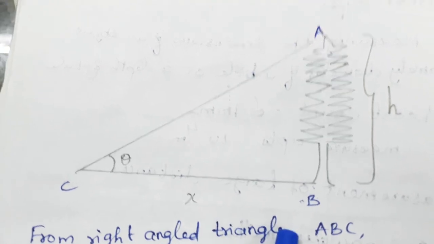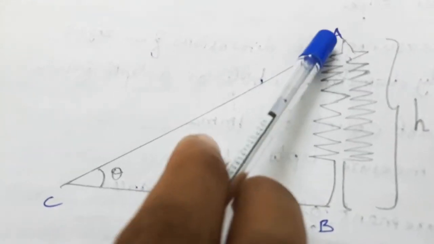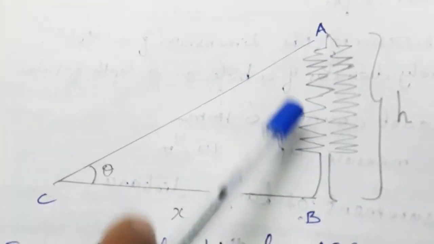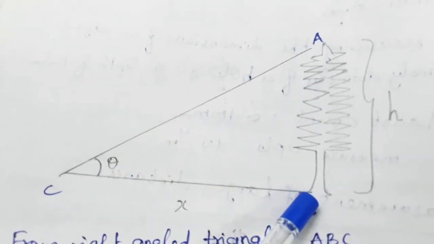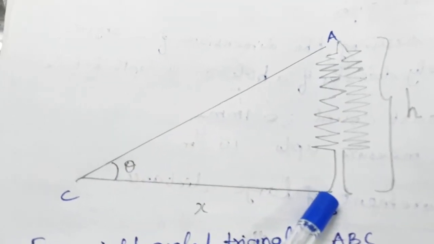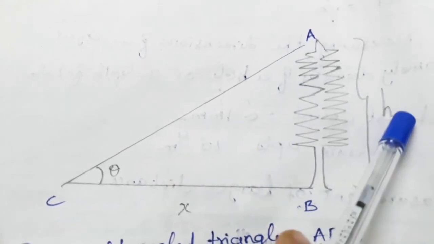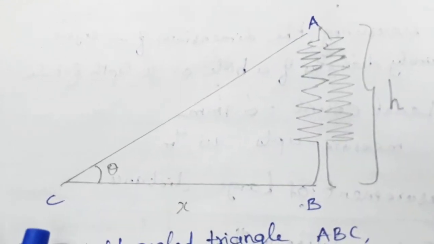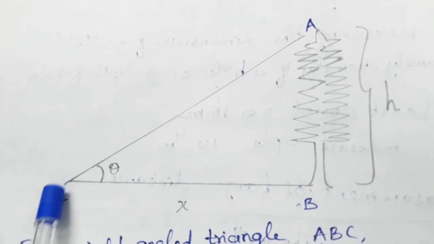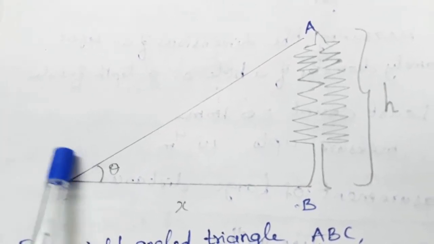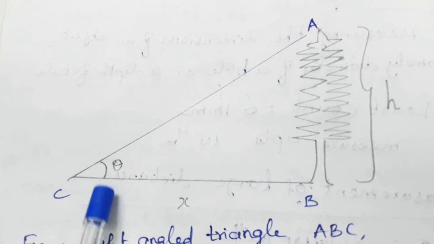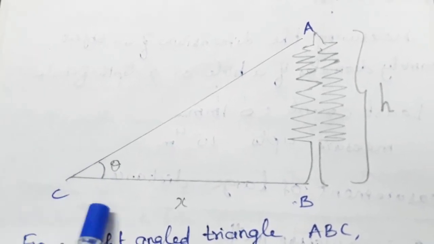Look at this picture. AB is the height of the tree, so AB equal to H. Now C be the point of observation, that is from the ground.